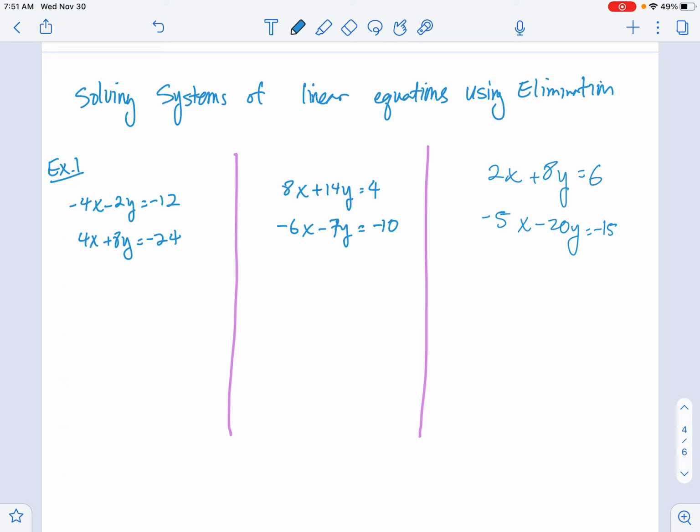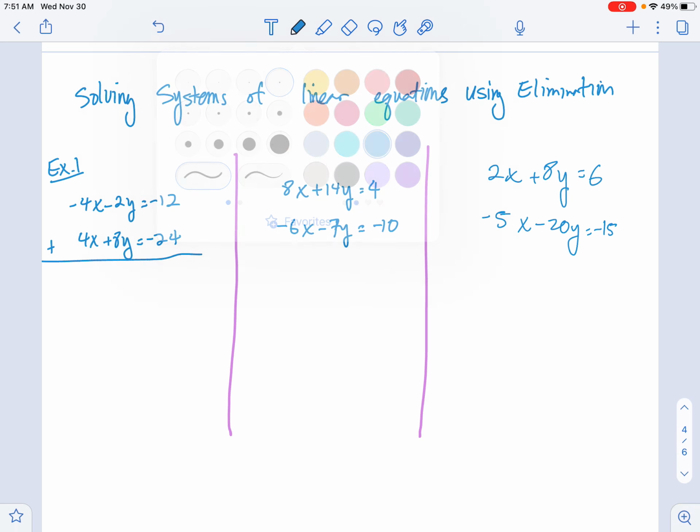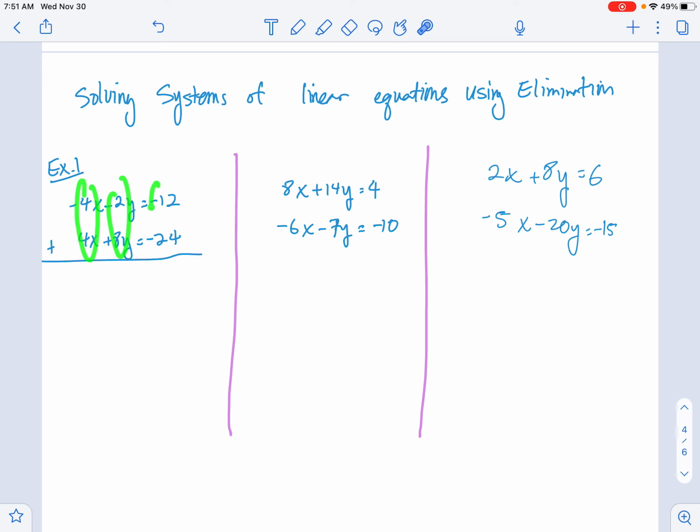We are going to try to add straight down, or at least add all the x values and then add all the y values of both equations, and we're going to try to eliminate this x value. So if the question isn't already done for you, you want to try to line up the x values on top of each other and line up the y values. It's easier to see what happens when you line them up, okay?